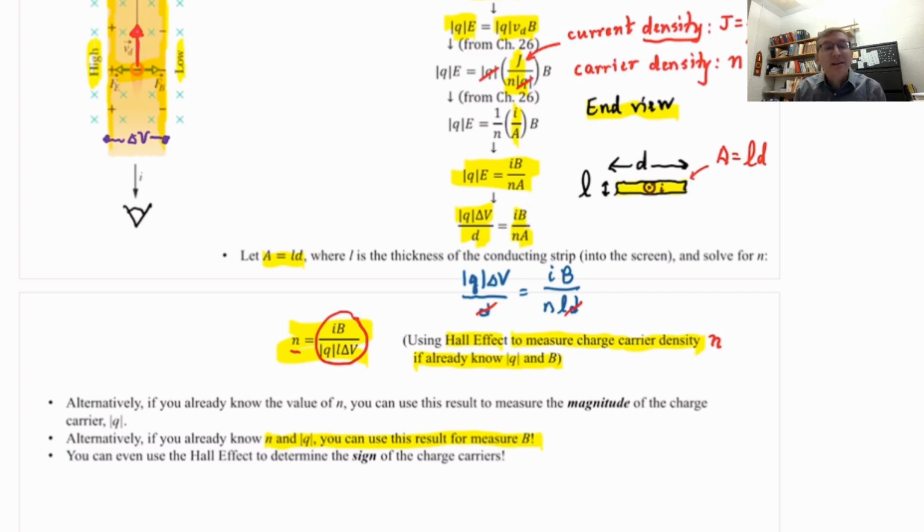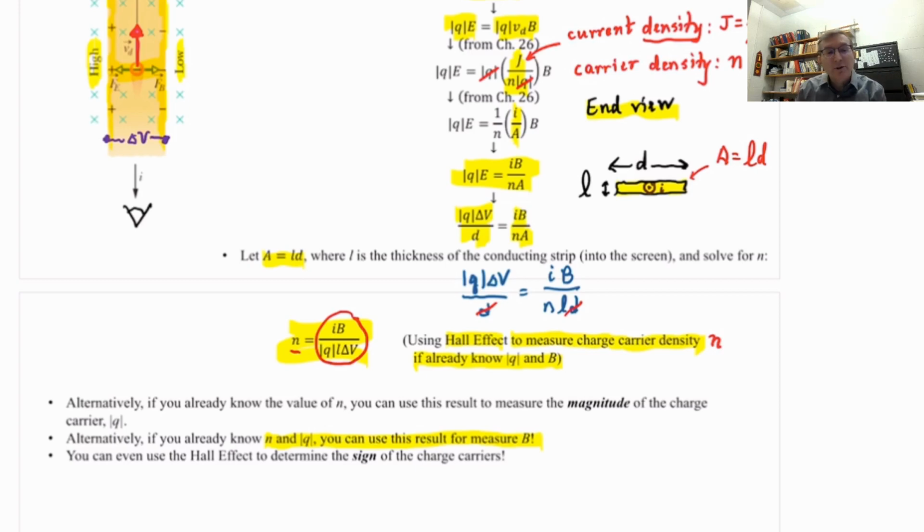And you know it's conducting, but you don't know what the sign or what the magnitude of the charge carrier is, the Q. But from other measurements, you already know the N and the B and so forth. So you can use this formula to find Q. Okay? The point is, it's a very handy little formula based on a very straightforward, relatively speaking, phenomenon in which if you can figure out somehow to know everything but one thing, then you can use this equation to get that final thing.